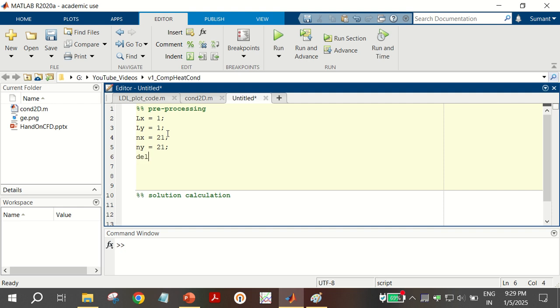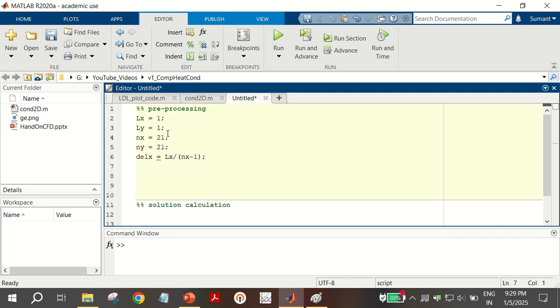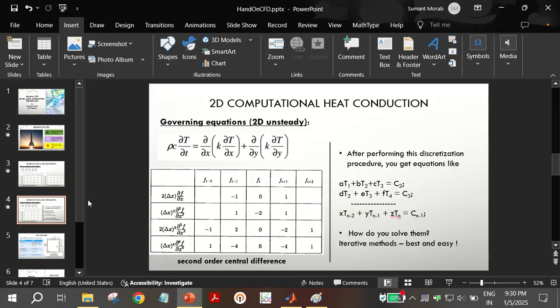Now how do I define del x? Lx divided by nx minus 1. Similarly, I will define del y as Ly divided by ny minus 1. The other thing is you also need to define del t. In this equation, you have del x, del y, and you also have delta t.